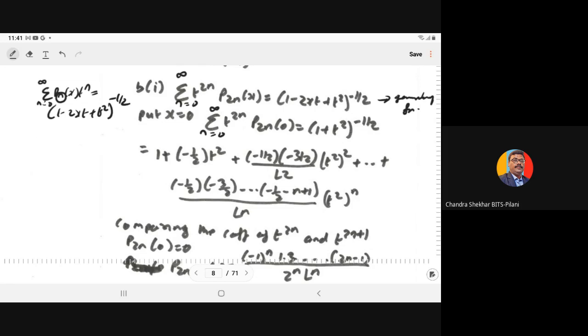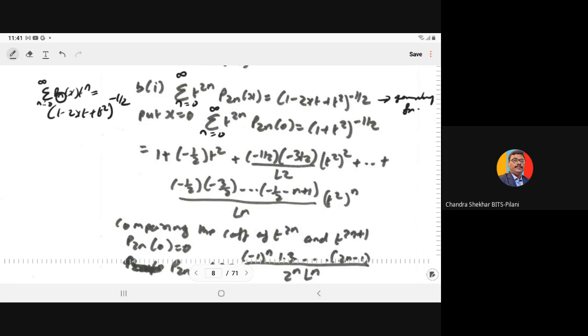That is 1 plus minus half into t square, minus half into minus 3 by 2 upon factorial 2, by the binomial expansion. We can expand this. So minus half minus 3 by 2 upon factorial 2 into t square whole square dash dash dash plus, and here we have the minus half into minus 3 by 2 dash dash dash minus half minus n plus 1 upon factorial n and t square to power n.